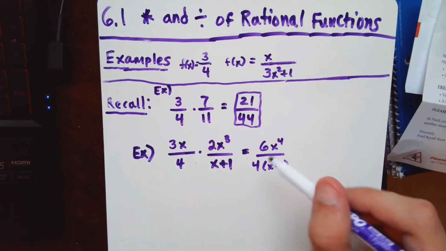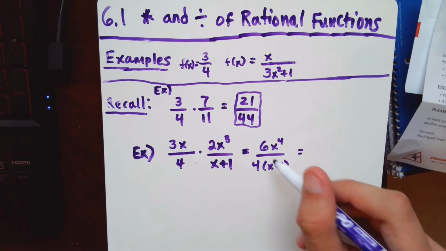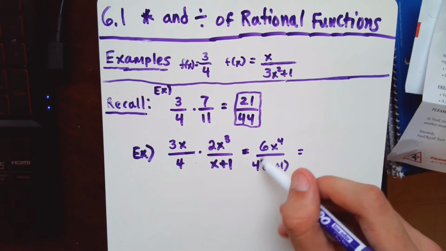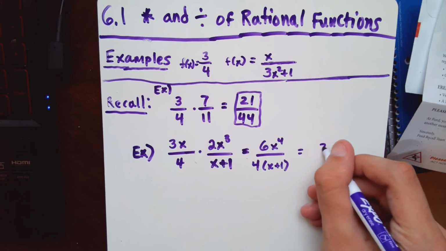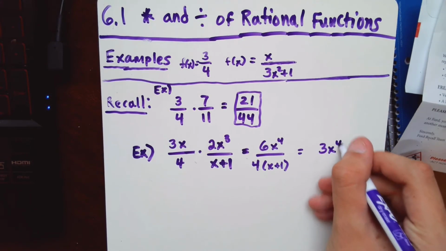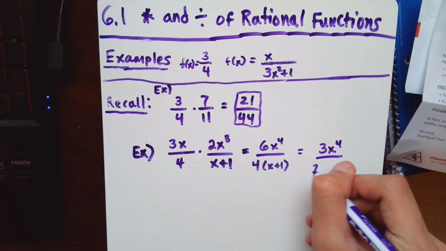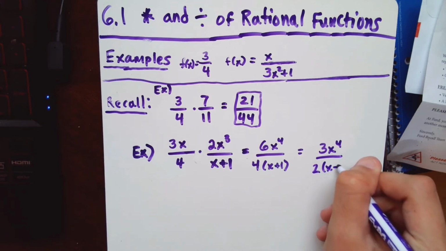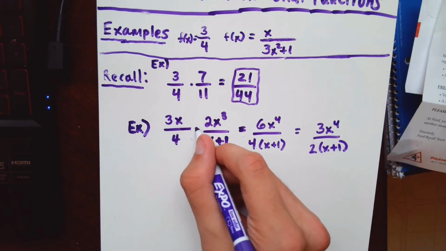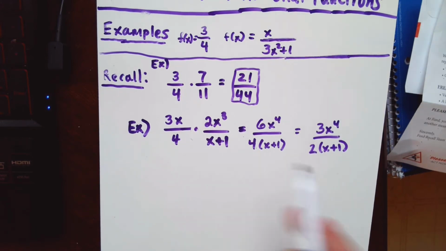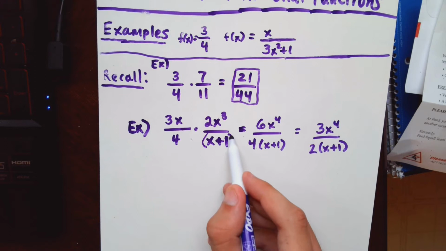One more thing we could do is notice that there's a common factor of 2 that goes into both 6 and 4. So dividing that out, we get 3x to the 4th over 2 times x plus 1. One thing to note is that when we multiply these fractions together, we're viewing this as a single quantity.